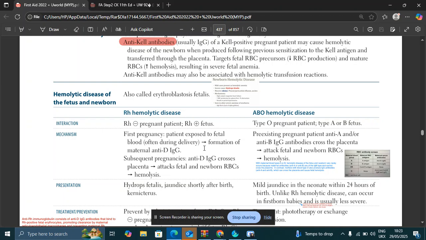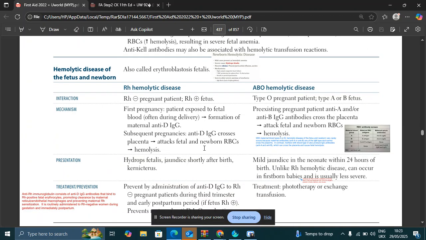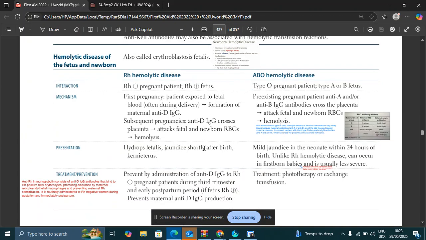Rh hemolytic disease of the newborn can be prevented by administration of anti-D IgG immunoglobulin during the third trimester or early postpartum period.